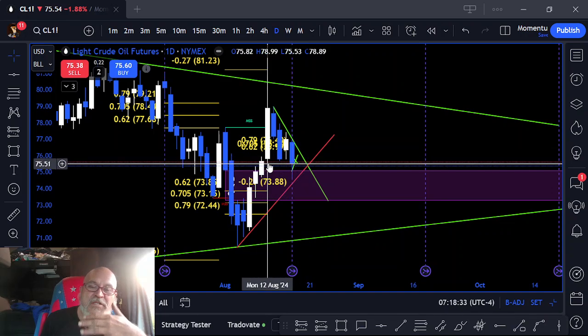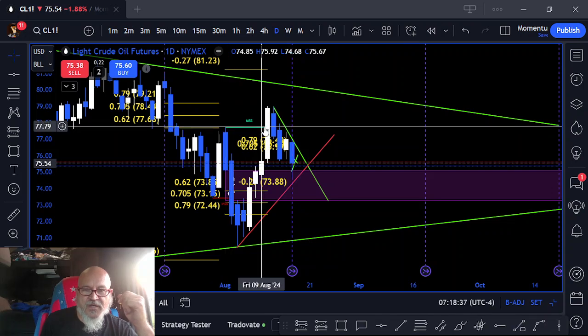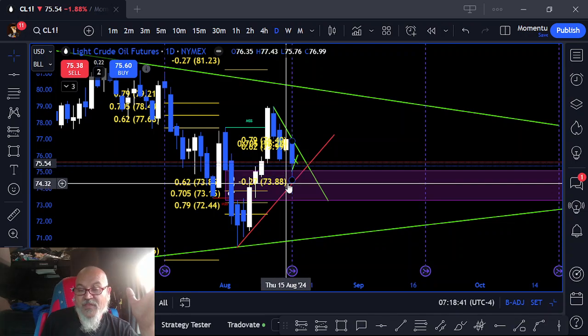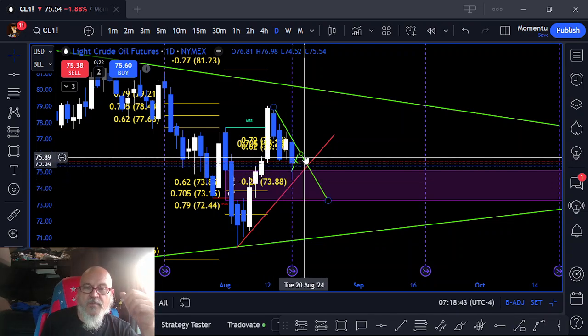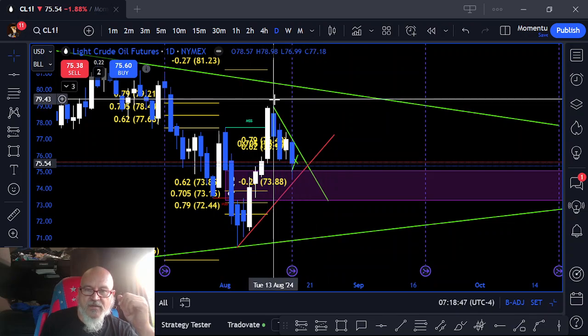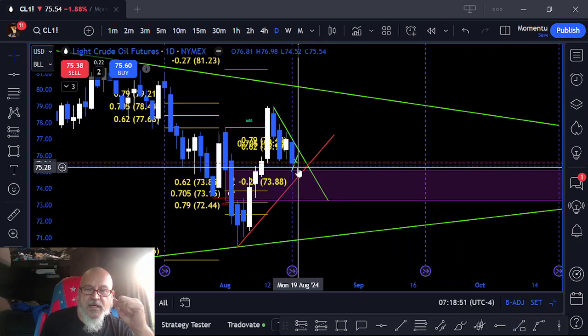So on a longer time frame, we broke external liquidity, we came back into internal liquidity, and I think for the longer term, we could be going to take out external liquidity again to go higher, right?